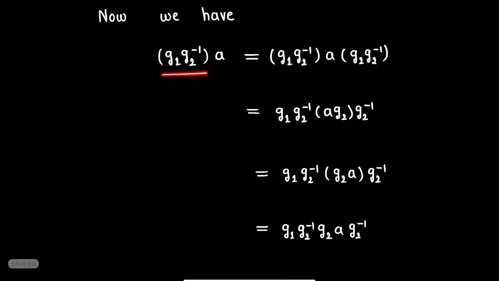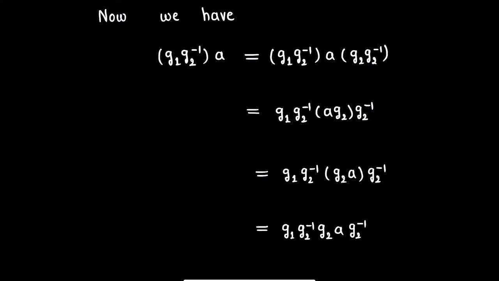Consider g1 g2 inverse a. This can be written as g1 g2 inverse a as it is. Now, here I can consider the identity, and this identity can be written as g2 g2 inverse. Now, in the next step, using associativity in group G, this can be written as g1 g2 inverse a g2 g2 inverse.